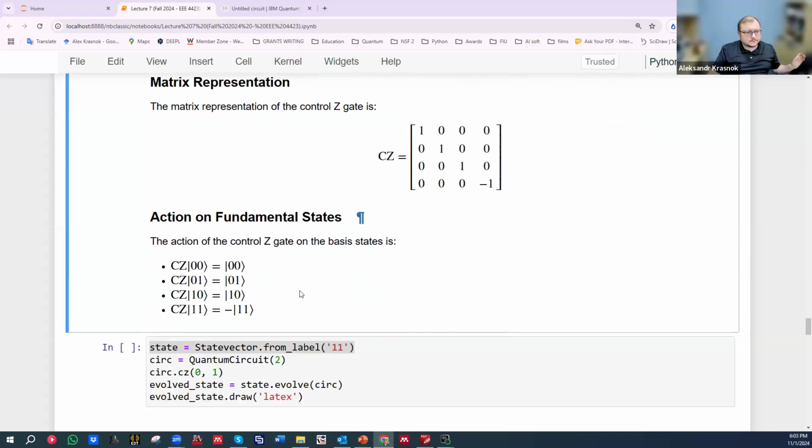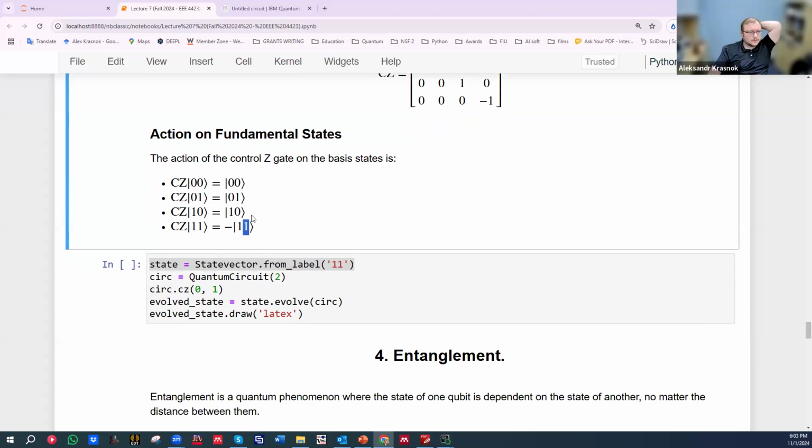And this is the algebra. This is the truth table, right? If it's 0, then the result is 0. Then when it's 0, the 1 is still 1. But if it's 1, then for the 0 it doesn't change phase. But if it's 1, it changes phase of the target qubit. Changes phase by pi/2. So simple.